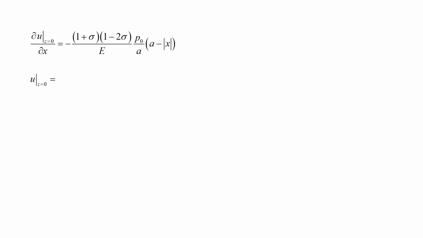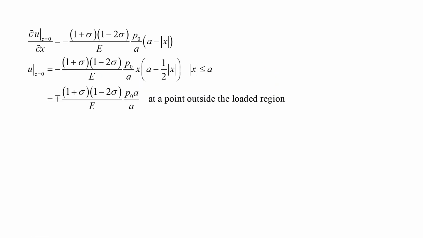Before that, del u by del x can also be written over here, and if you just add up, it will be minus 1 plus sigma into 1 minus 2 sigma by E, and this will be equal to P 0 by A into A of x minus x square by 2, where x is less than or equal to A. If x is at a point outside the loaded region, the u will come out to be something like this, which can easily be obtained.